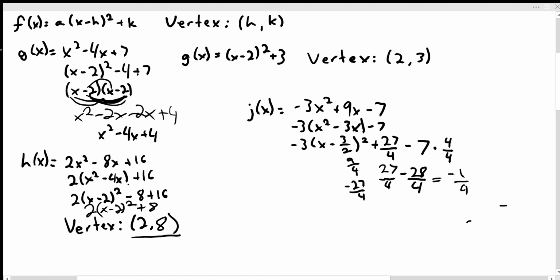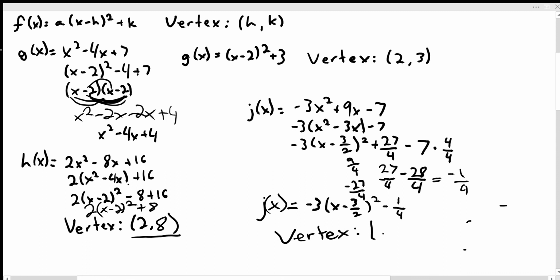So our j of x in vertex form will just equal negative 3 times x minus 3 halves quantity squared minus 1/4. So if we want to find our vertex, it will just be 3 halves, negative 1/4.